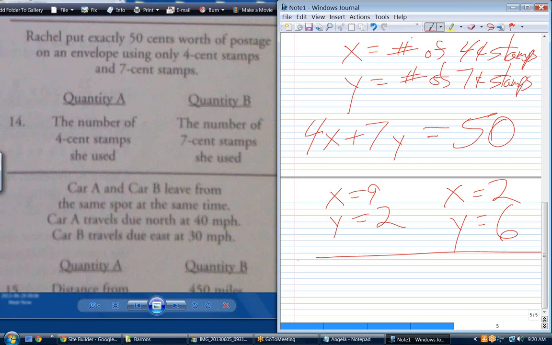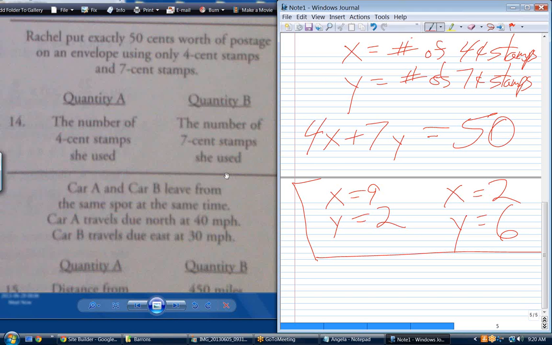So the moment I get a second solution, I know that I can't tell. And in fact, the moment I find out that there are these two solutions, I can't tell, and I don't have to do any more testing. In other words, I could have avoided testing to see whether x was equal to 1, because even if x was equal to 1, it doesn't change anything.